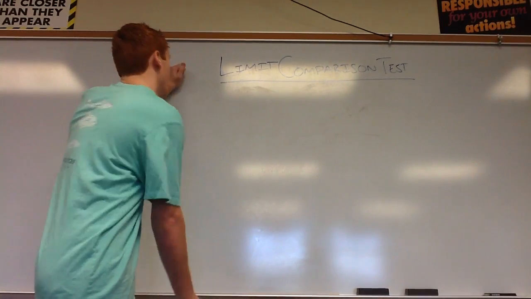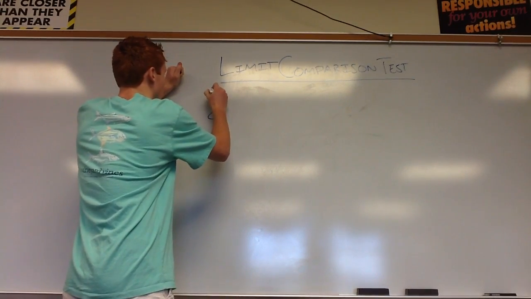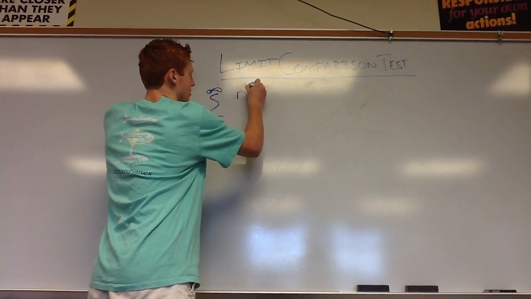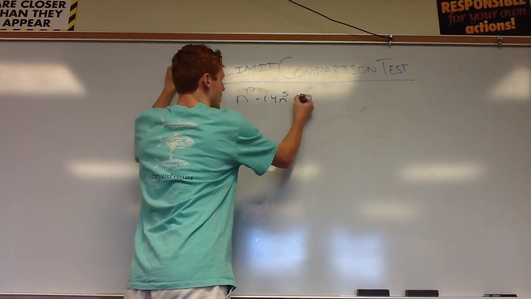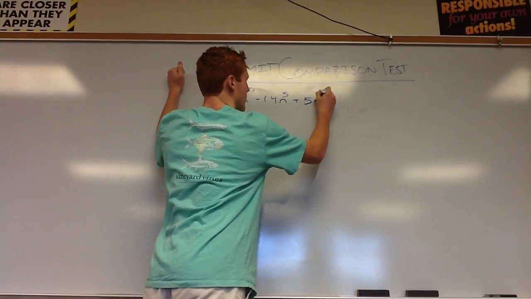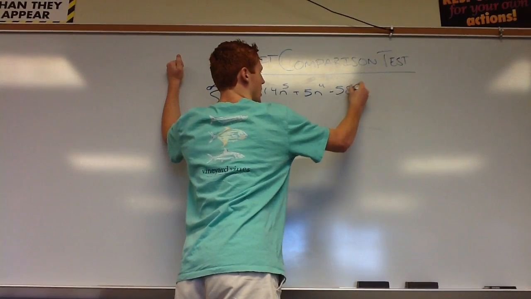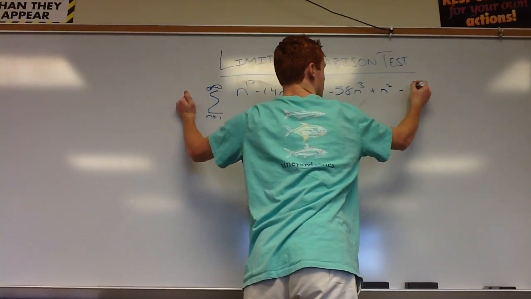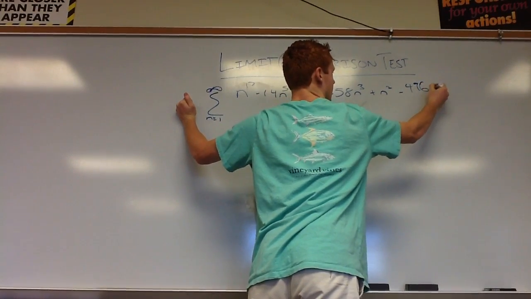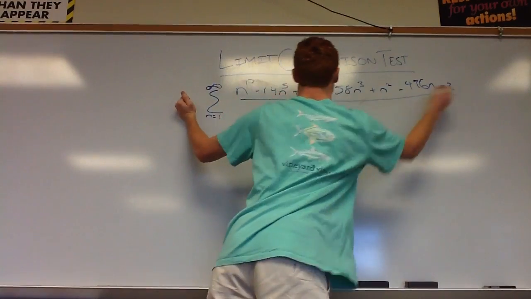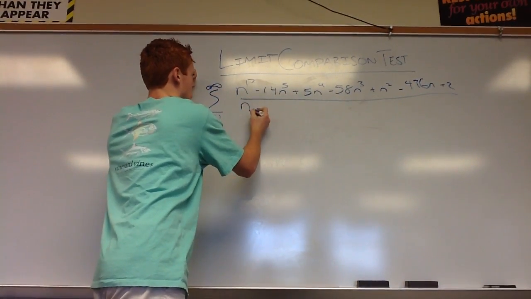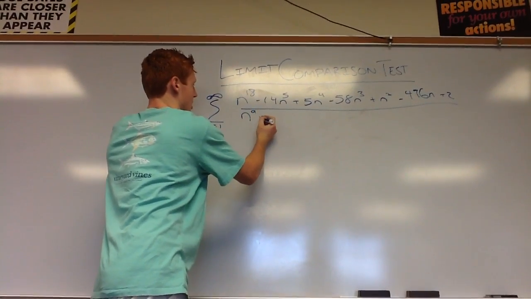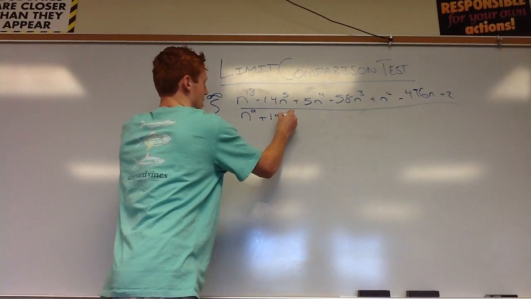An example of a messy series would be, let me just write one out for you: n to the 18th minus 14 n to the 5th plus 5 n to the 4th minus 58 n to the 3rd plus n squared minus 496 n plus 2, over n to the 9th plus 14n squared.